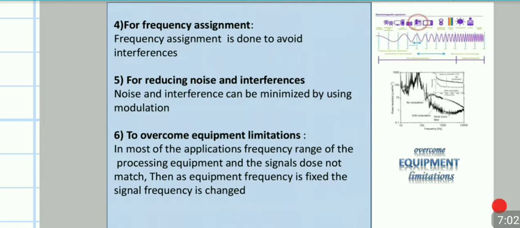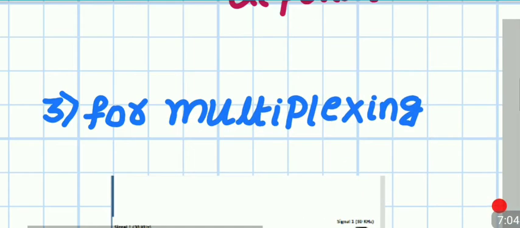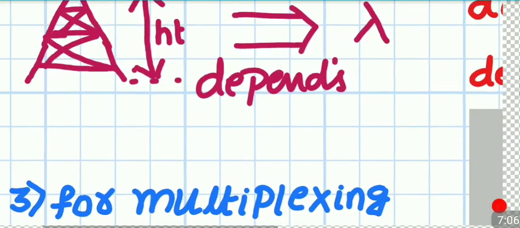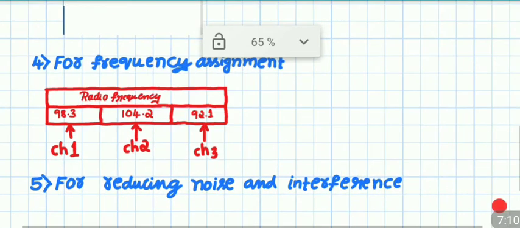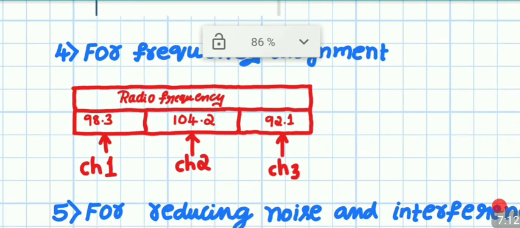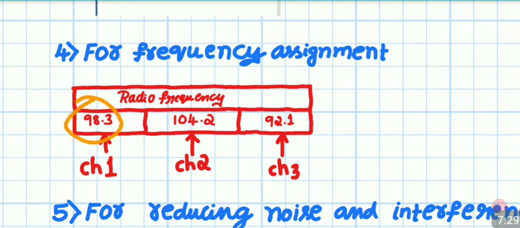Let me give you one more example and explain this. So let us go to our example of radio waves. All of you are very well versed with the usage of a radio transmitter or radio receiver. We have different channels. Different radio channels will have different frequencies on which they will be working.